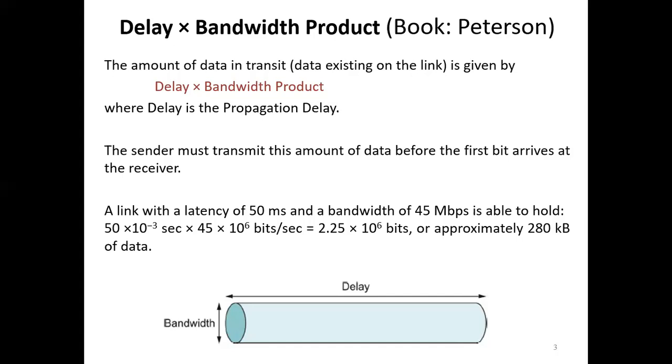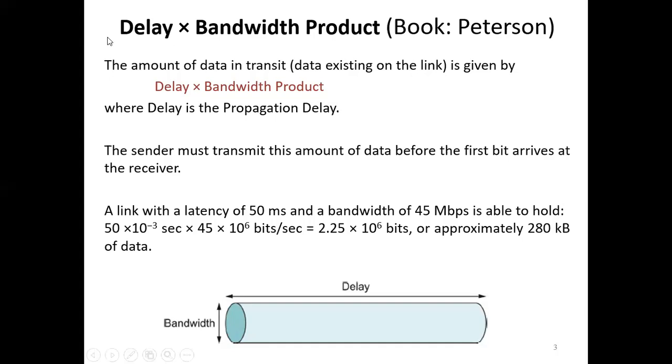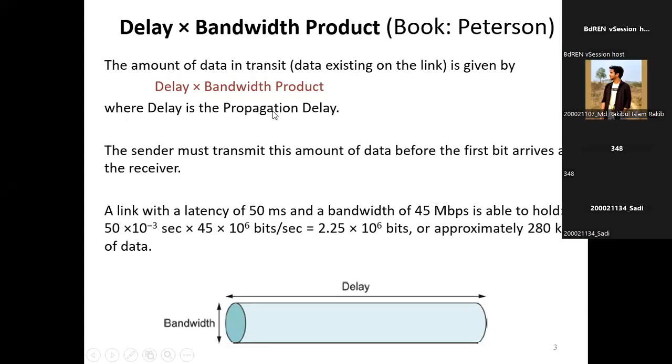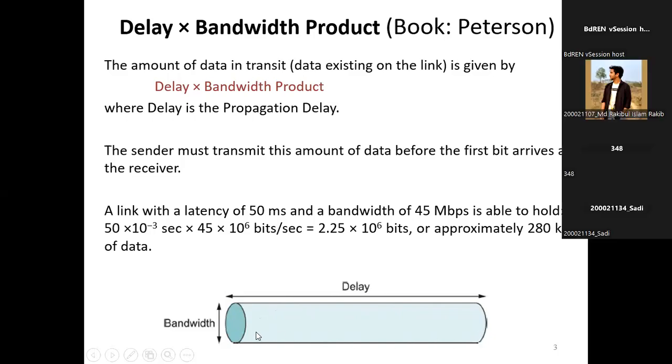And in the link, the data persists for some time. That is the propagation delay. So here the first delay is nothing but the propagation delay. You see, I have written here the propagation delay. And if you multiply that with how much you're putting per second, then of course you understand that this is the total content of data you have in the pipe, in the link, like a water pipe.